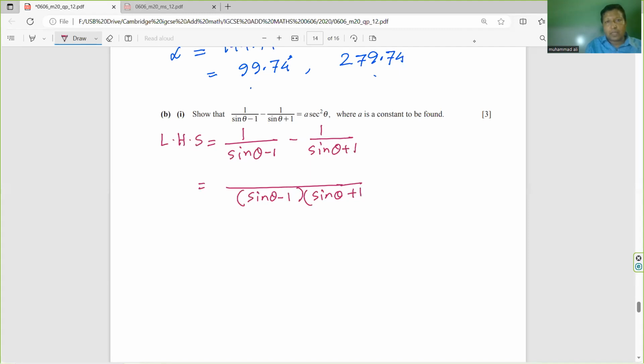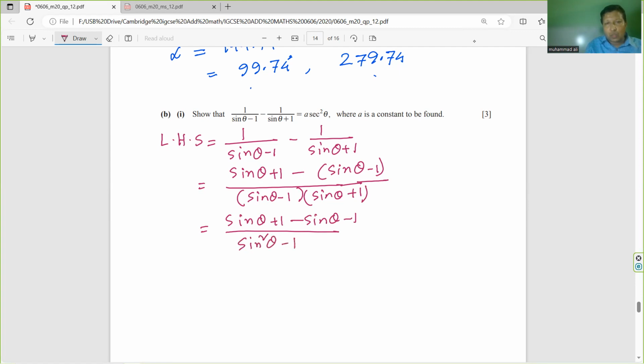The numerator is sine theta plus 1 minus sine theta minus 1. If we remove the brackets, we get sine theta plus 1 minus sine theta plus 1. And below, sine theta minus 1 into sine theta plus 1 means sine square theta minus 1.